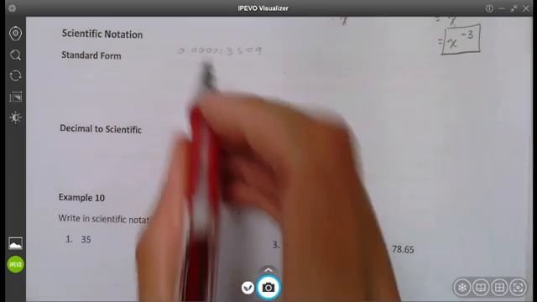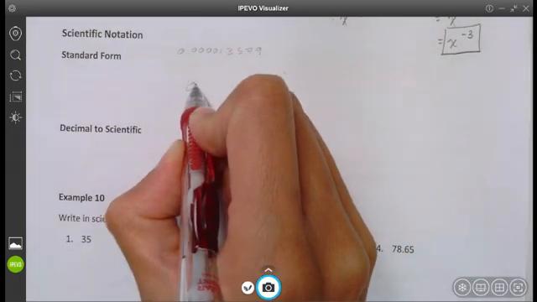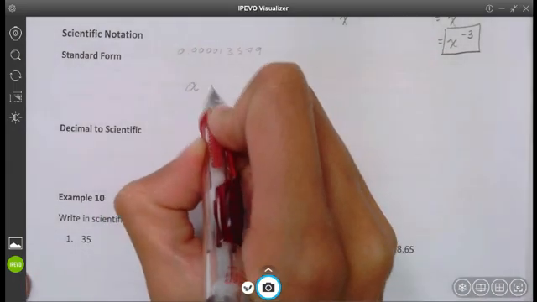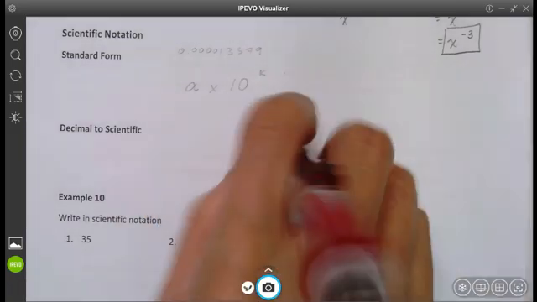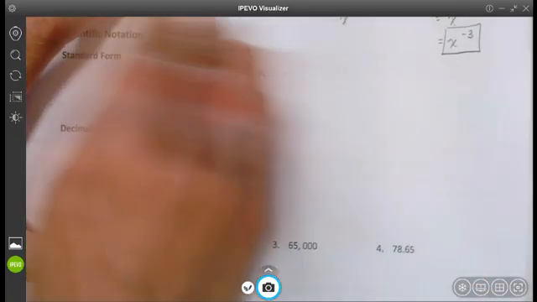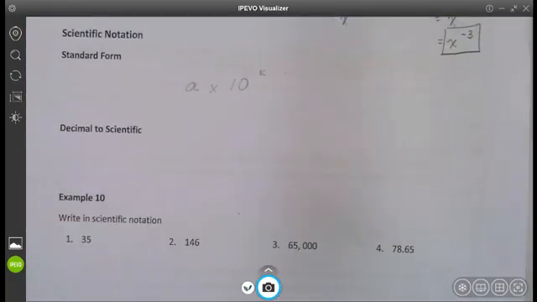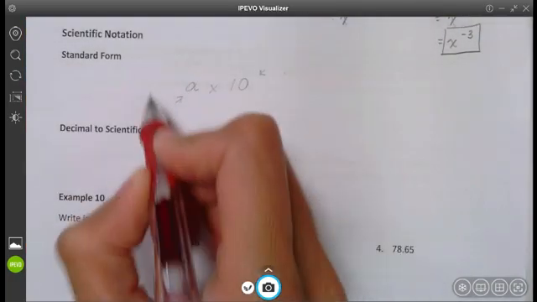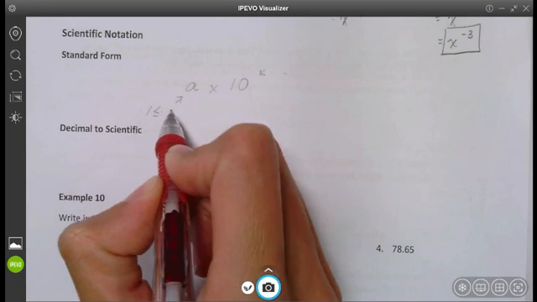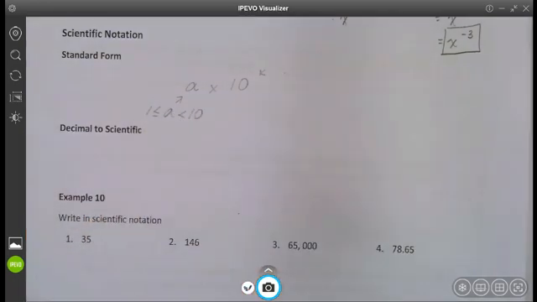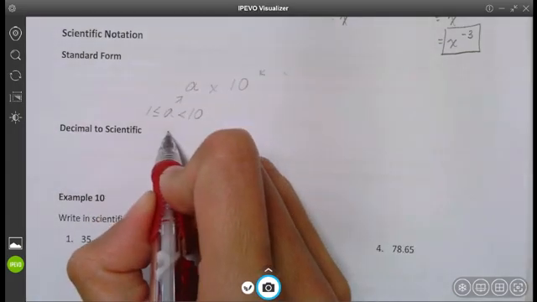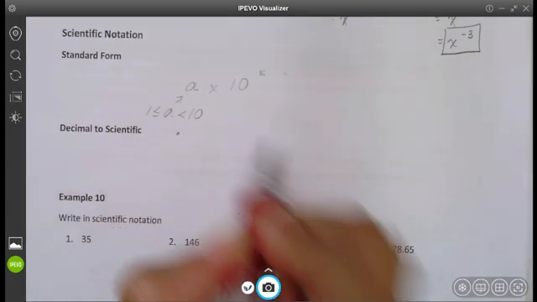So how we handle scientific notation is that we have a number multiplied by 10 to the power of something, 10 to the power of K. So this number right here needs to be a number between 1 and 10. Really what that means is that if I were to have a decimal, right?